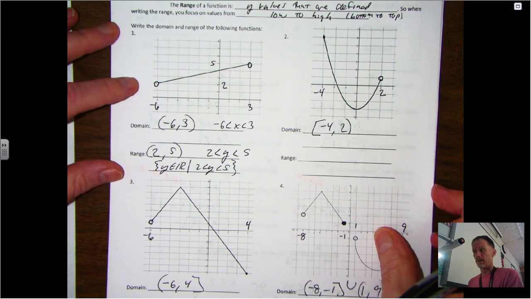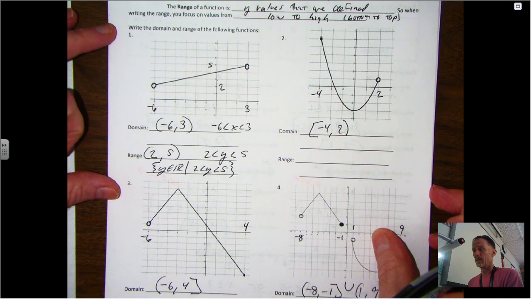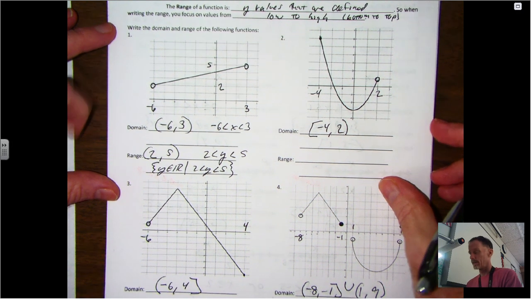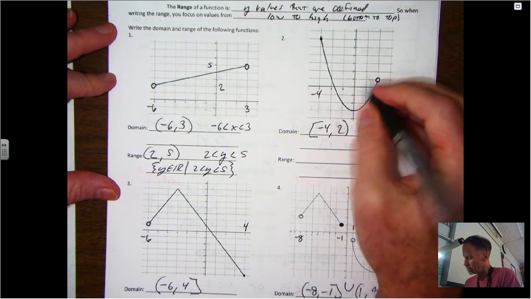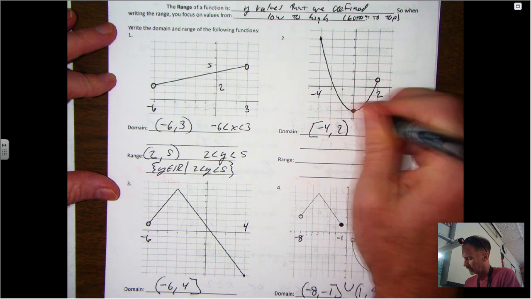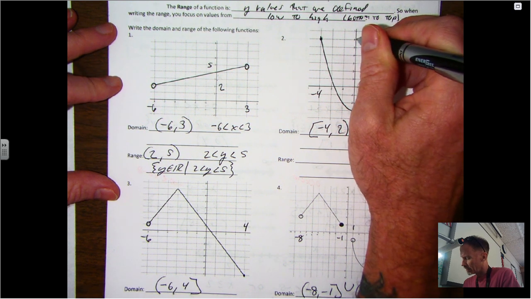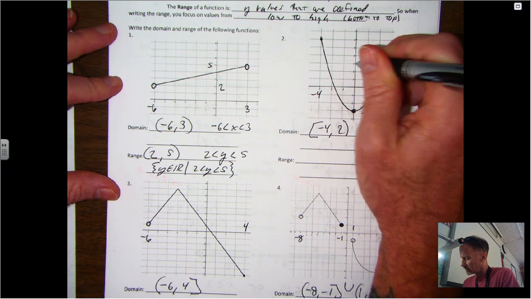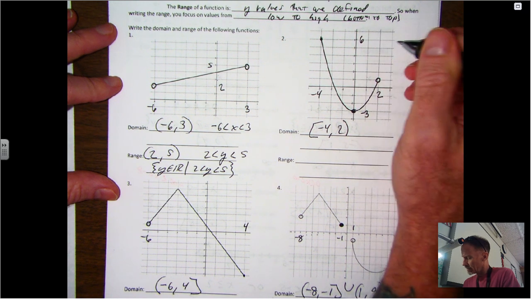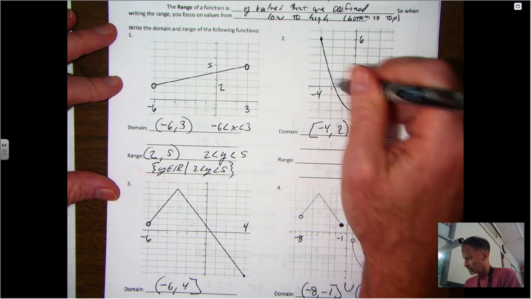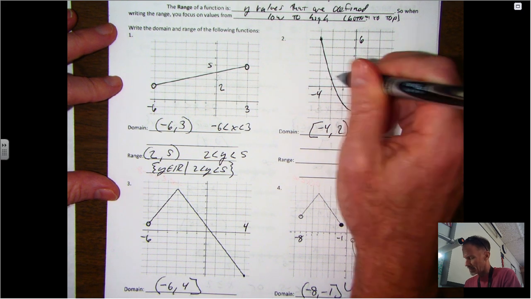Now, for some of these, you got to be a little bit careful because you got to make sure you're going to the low point and all the way to the high point. Okay, so like on number 2, notice my low point is here at -3, and my high point is here at 6. And there's no other gaps. I know there's an open circle here, but that same value is here.